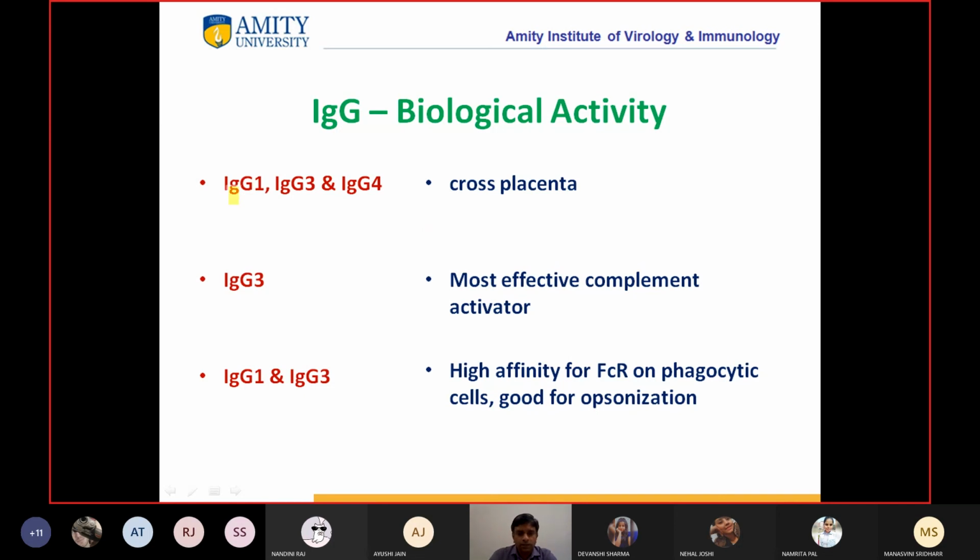So IgG1, 3 and 4 can cross the placenta and provide protection to the fetus.